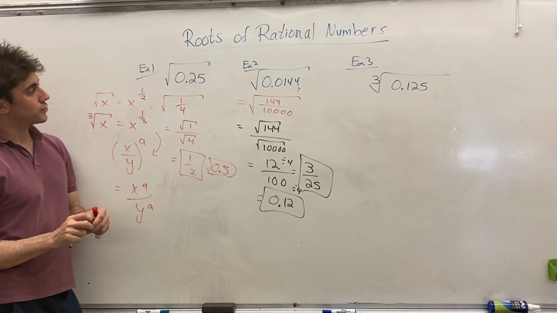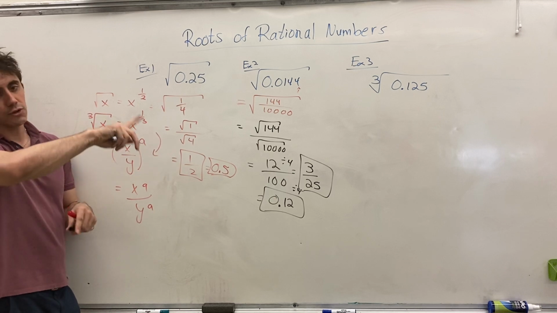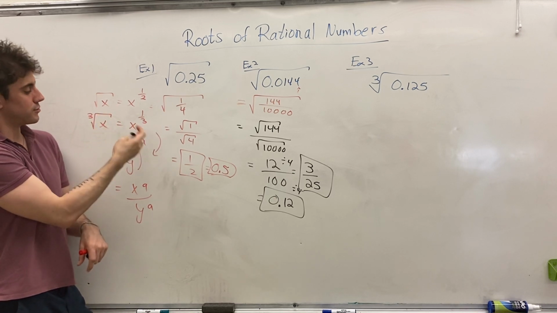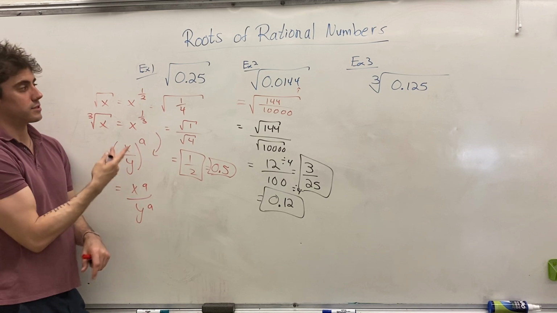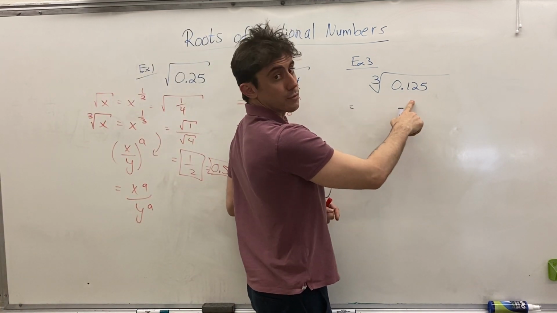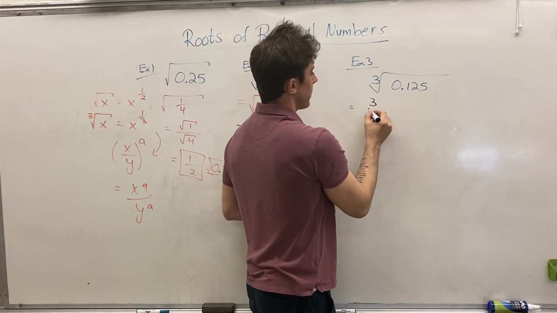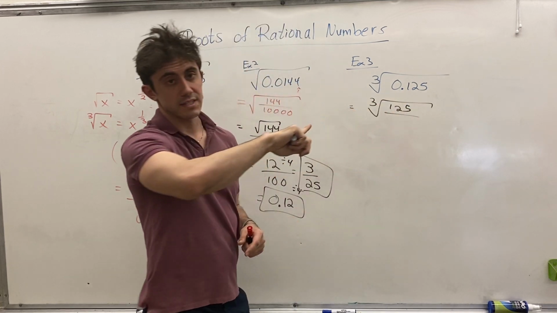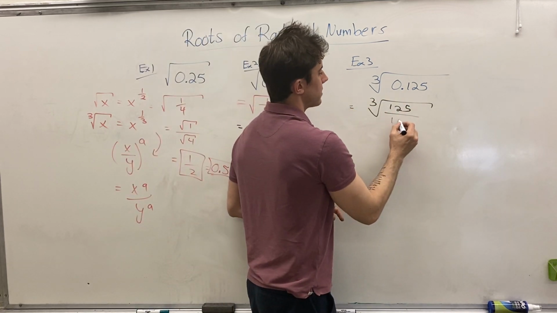Okay, so 2 examples done with square roots. Let's do one cube root for good measure, because cube roots can be written also as an exponent, and so we get to use the same exponent law that we used for our first 2. And so we have the cube root of 0.125, which we'll write as the cube root of 125 over 1000, ending in the 3rd place after the decimal, which we know would be the thousandths place.